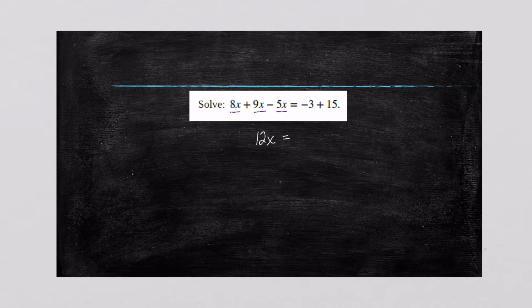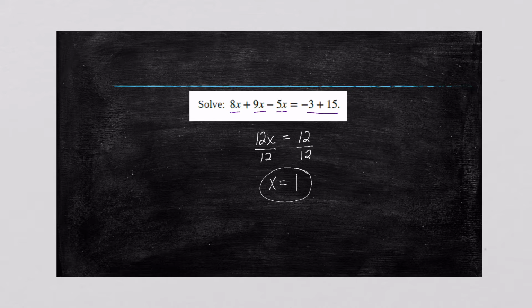And then I can combine negative 3 plus 15 there. And negative 3 plus 15 is 12. So now to solve for x, you can divide both sides by 12, the number that's in front of the variable. And 12 divided by 12 is 1.